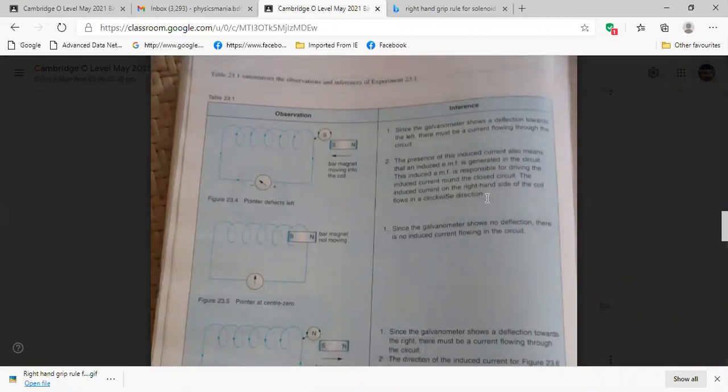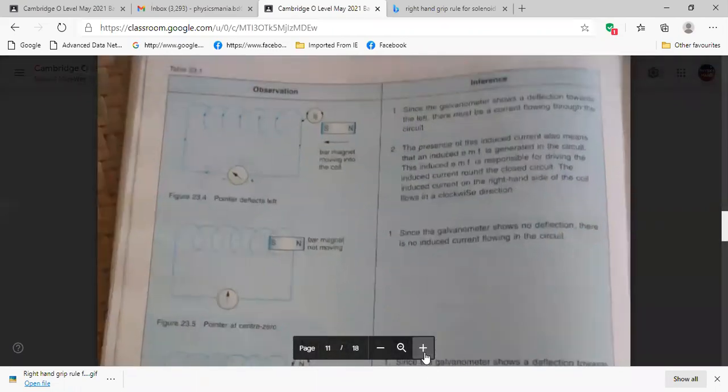Now look at diagram 23.4. When we bring a bar magnet closer to the coil, what happens? We get induced EMF, right? If you get induced EMF, then you will get induced current also, isn't it?